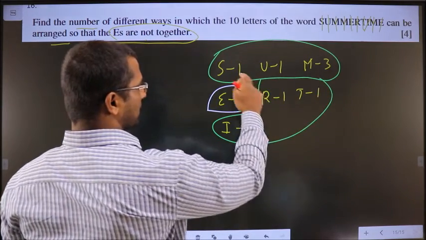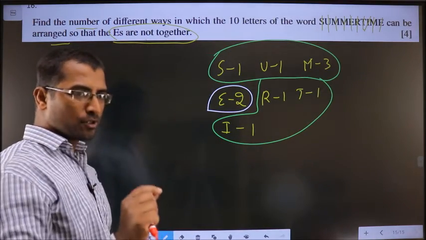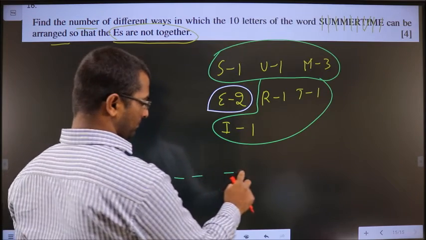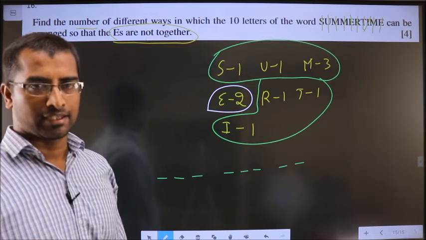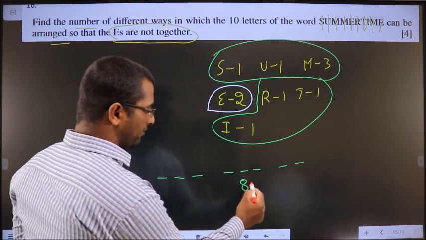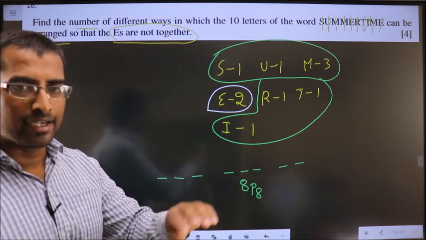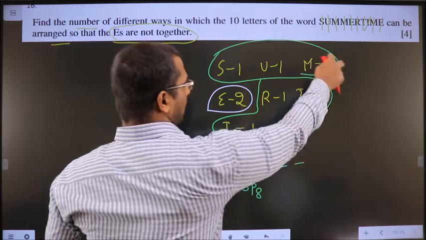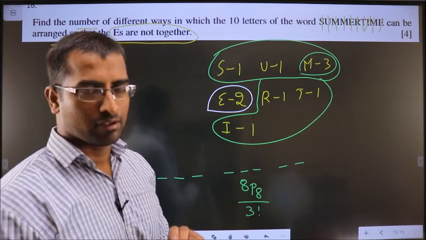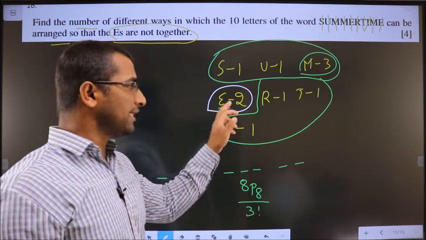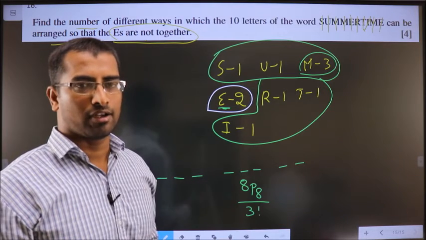So how many of them are present? 1, 2, 5, 6, 7, 8. 8 letters, so put 8 blanks. So 8 letters can be arranged in 8 blanks in 8P8 ways. In these 8, you should not forget that the 3 M's are identical. So divide by 3 factorial. Now I should place these two E's in between. Only then I can make sure that the E's are not together.